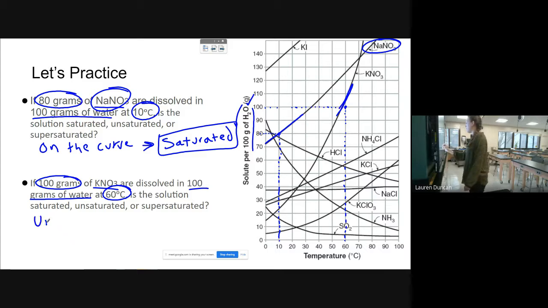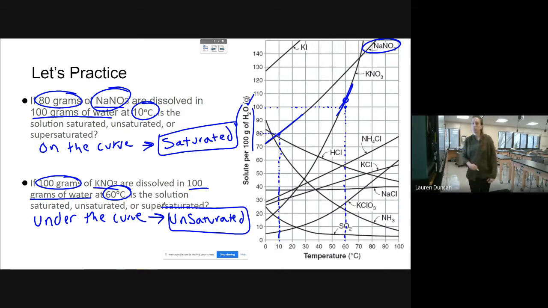A saturated solution looks like it should be able to dissolve about 105 grams, and we are only using 100 grams. Since the point is under the curve, this is an unsaturated solution.